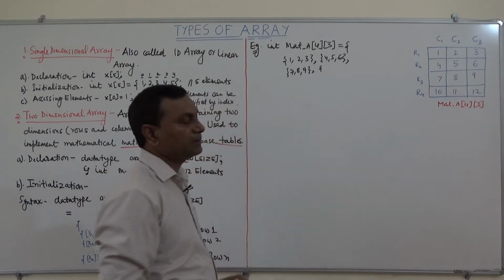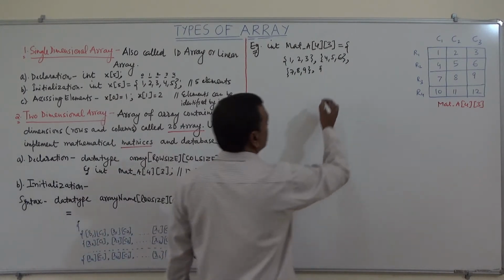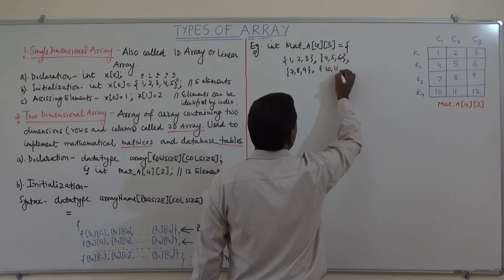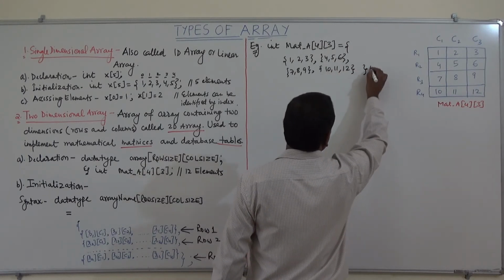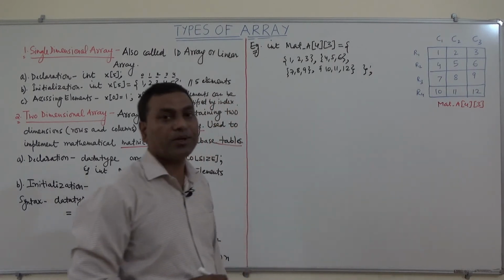In fourth row elements are 10, 11 and 12. So in this way we can initialize a 2D array.